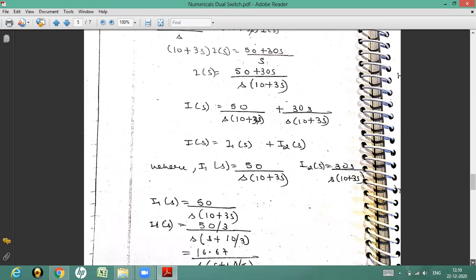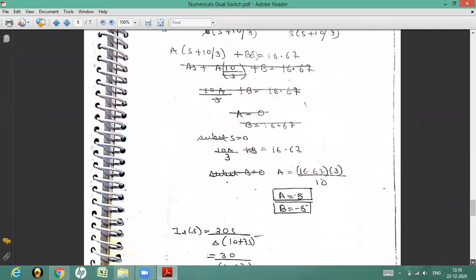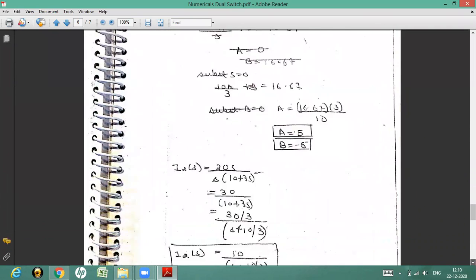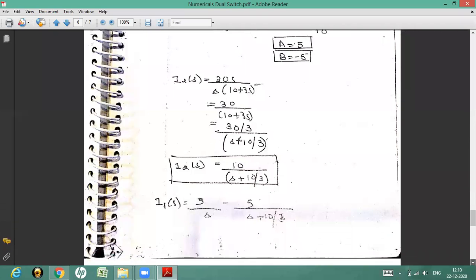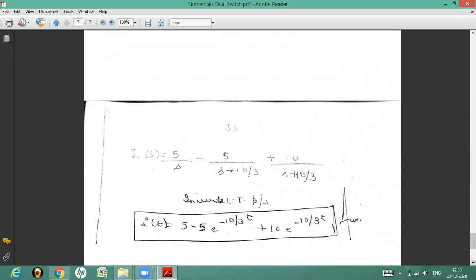Now I take I1 of s and get the partial fractions A and B. So finally, your I of s becomes I1 of s plus I2 of s, where I1 of s is equal to 5 upon s minus 5 upon s plus 10 by 3, and I2 of s is equal to 10 upon s plus 10 by 3.